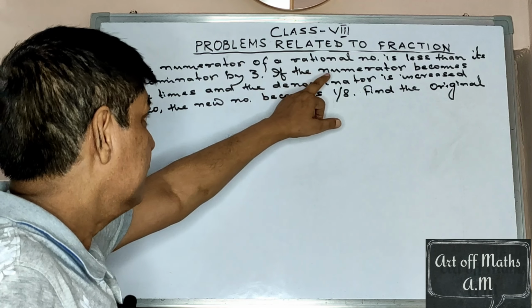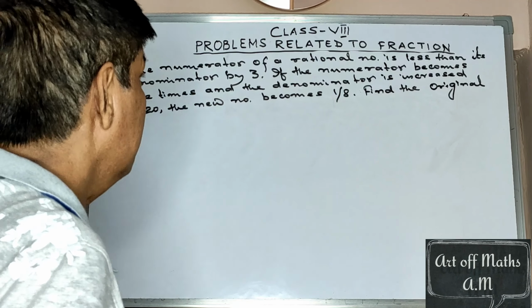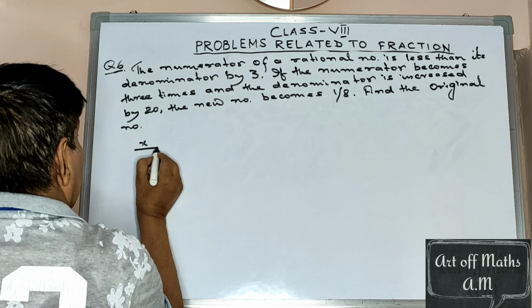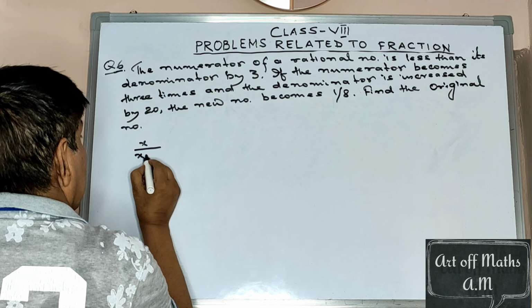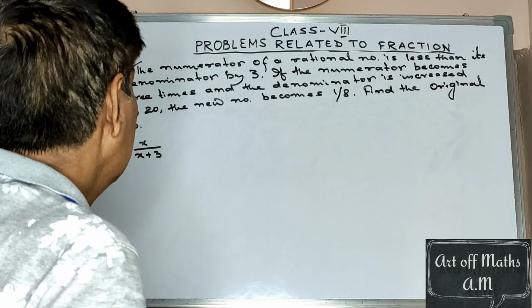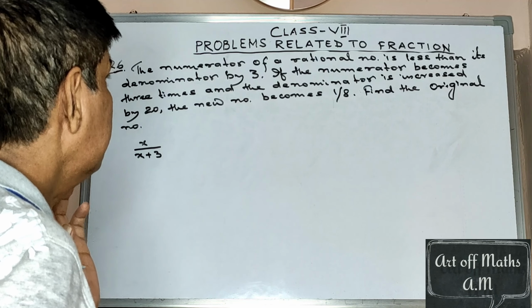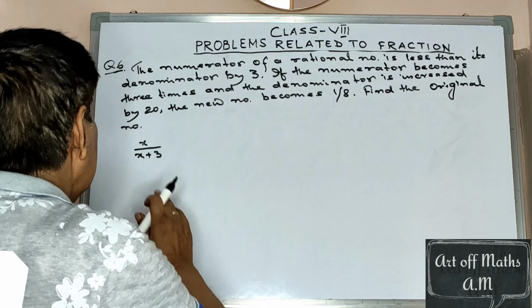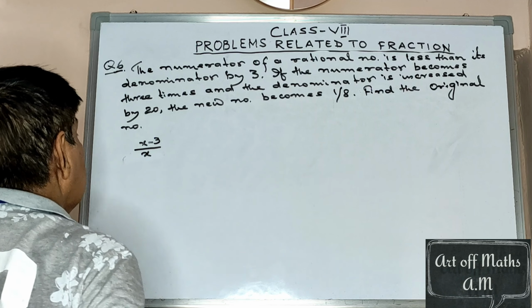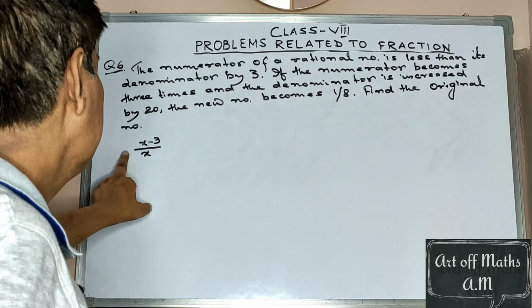The numerator of a rational number is less than its denominator by 3. That means x over x plus 3, no, x minus 3 over x. The numerator of a rational number is less than the denominator by 3.